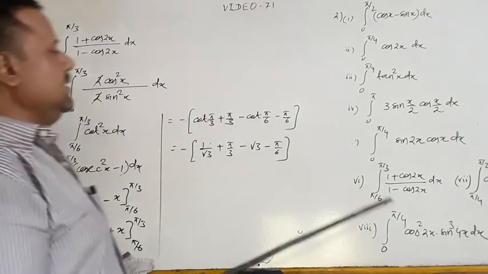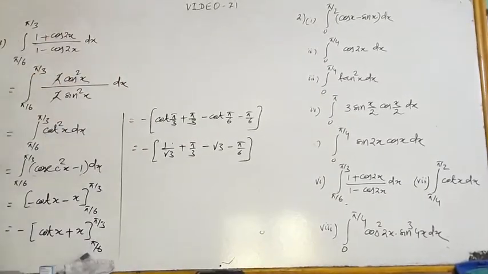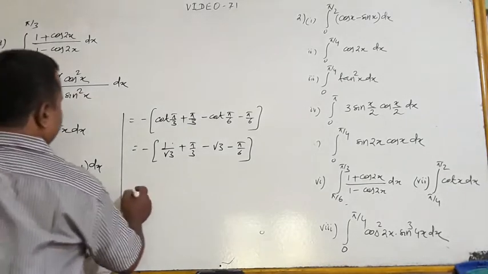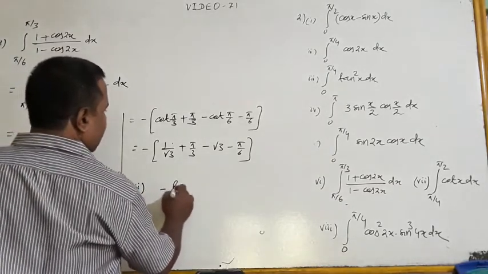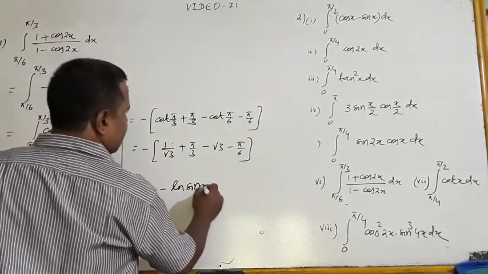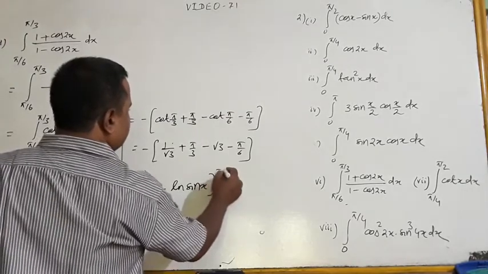And it is cot x का इंटीग्रेशन कितना होगा? cot x का इंटीग्रेशन minus ln sin x. Then you will put, I am directly writing, it is minus ln sin x, integration result pi by 4 to pi by 2.